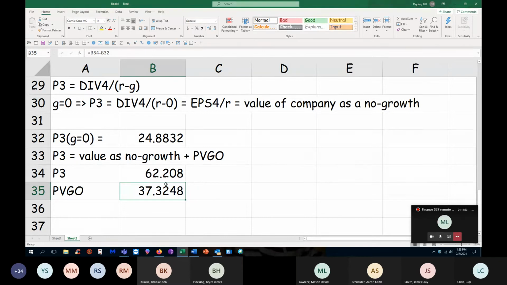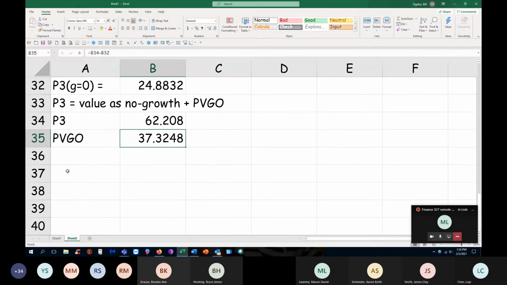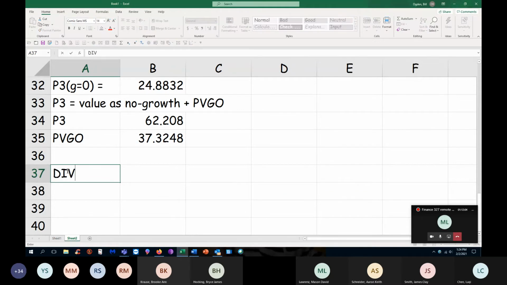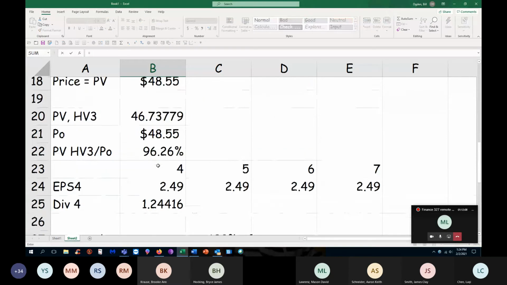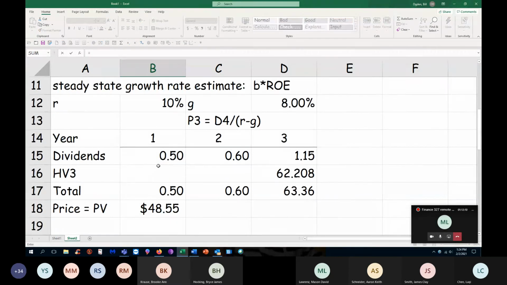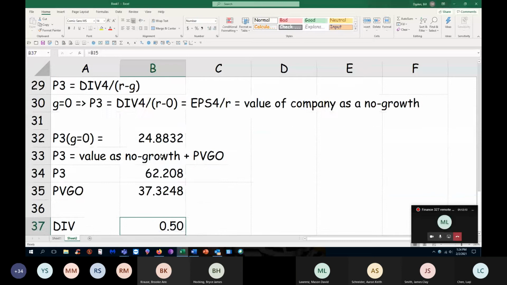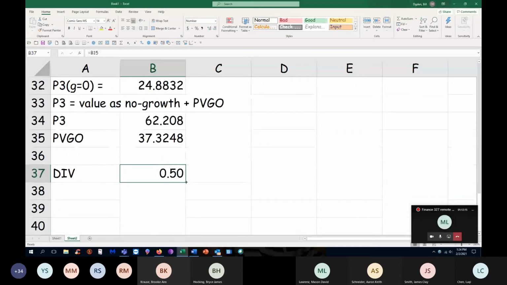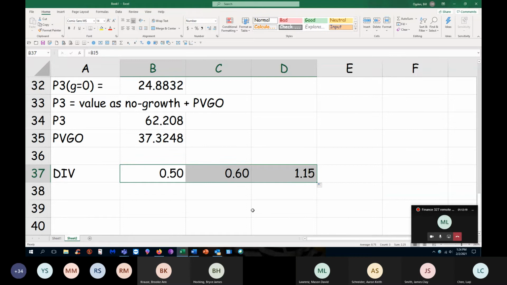So then our next question will be, well, what happens if the competition catches up and this company can no longer grow? Okay, so let's bring our dividend series back down again, where we can see it, just to recalculate a little bit here. So our dividend series is right here. Okay, those don't change. Now our horizon value.